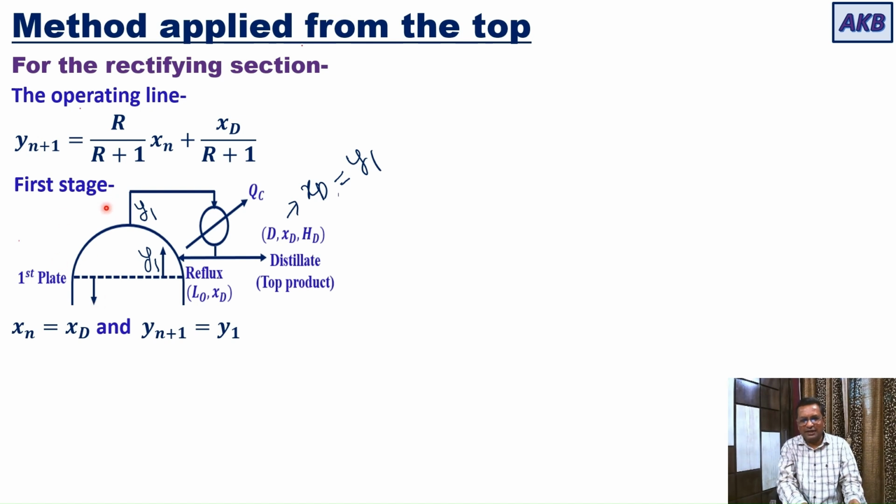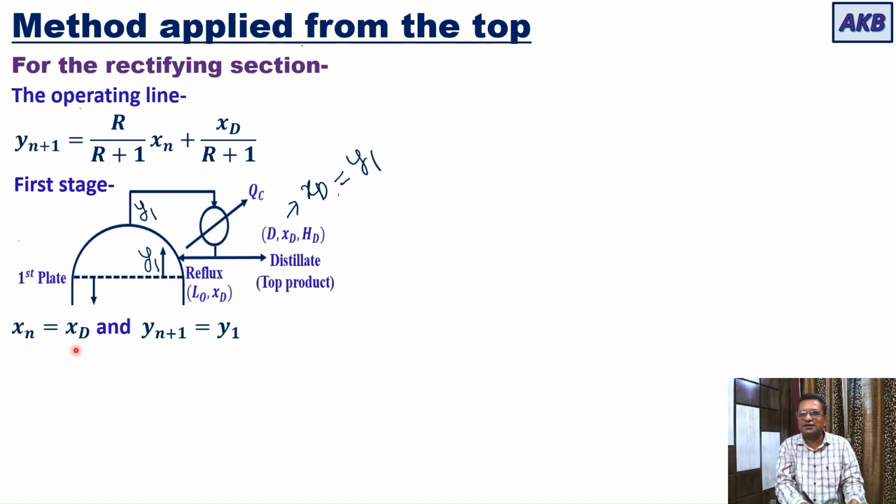Taking this point into consideration, if you look at stage number 1, the vapor phase leaving stage number 1 has a composition of Y1. The tray that comes earlier to the first stage is nothing but the condenser, in which the composition is XD. The composition of the liquid in the condenser is XD. That's why, in this case, Xn is XD.